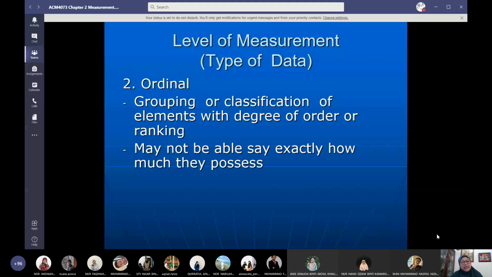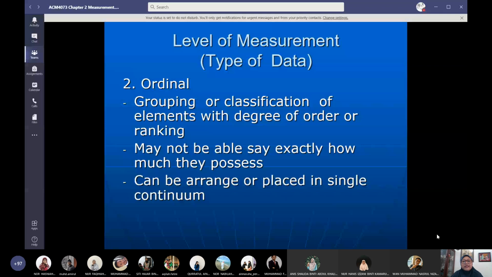Ranking meaning as you go down the list, the education background gets higher as an official definition. In Malaysia, around the world, we accept that PhD is the highest. So you put PhD in number 5 or 6 as the highest level of education. It can be arranged or placed in a single continuum. Single means you can have it one by one down the list.